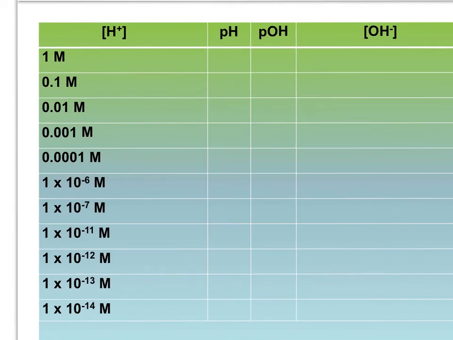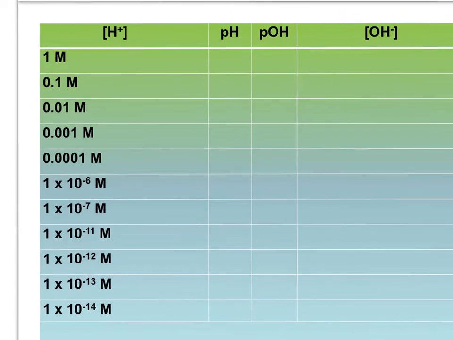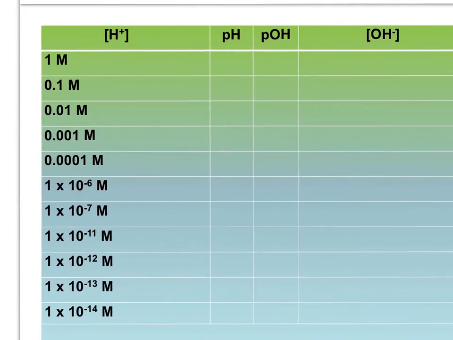And so I have a bunch of concentrations of H plus here, and I'm going to first try to figure out what the pH is equal to, okay? So when you are trying to find the pH, obviously you can just plug it into your calculator. If I give you 1 molar as your H plus, the pH is equal to negative log of the 1, right?